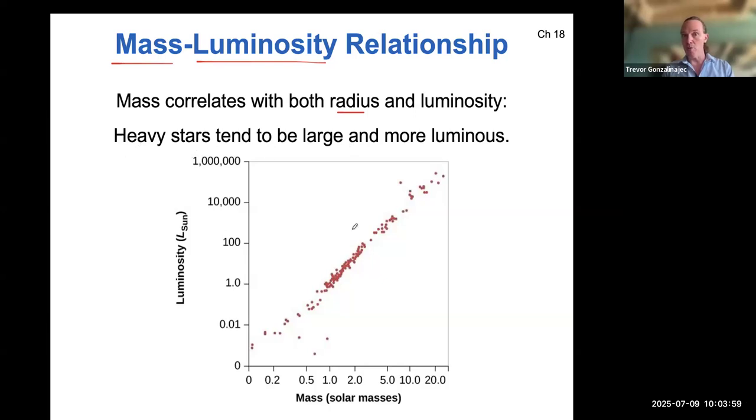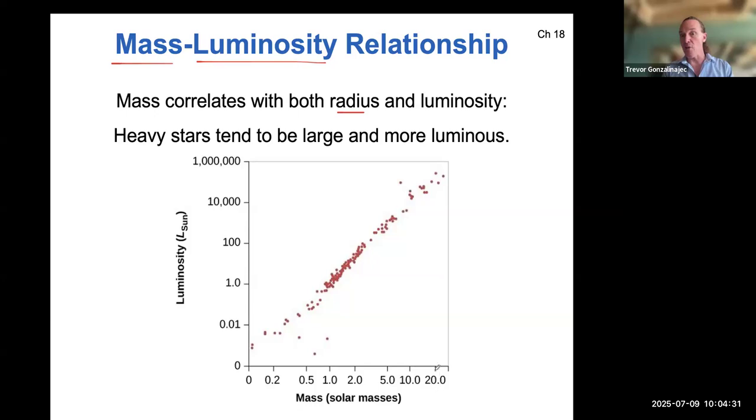Anyway, heavy stars tend to be more luminous, and that's what the graph is showing. Just to quickly call out the axes, we have luminosity on the vertical axis ranging from 0 to 1 million times as bright as the sun, because that's what luminosity means, brightness. On the horizontal axis, mass, also measured in solar, but solar masses this time, ranging from 0, so no mass at all, up to stars that are 20 times as massive as the sun.